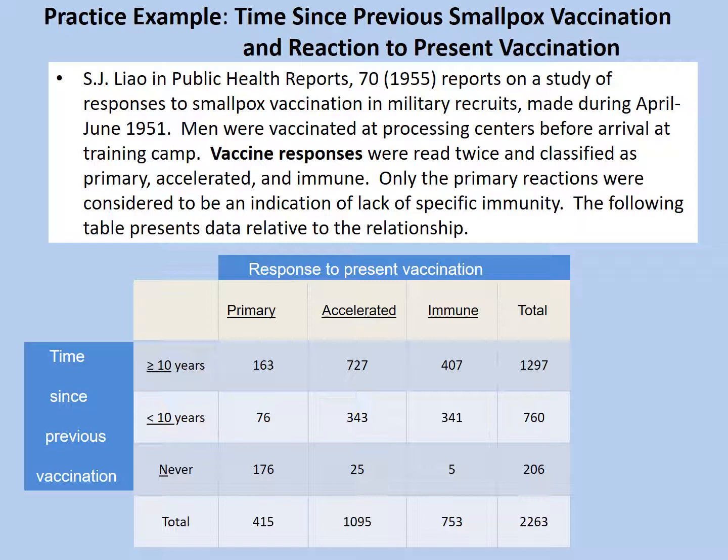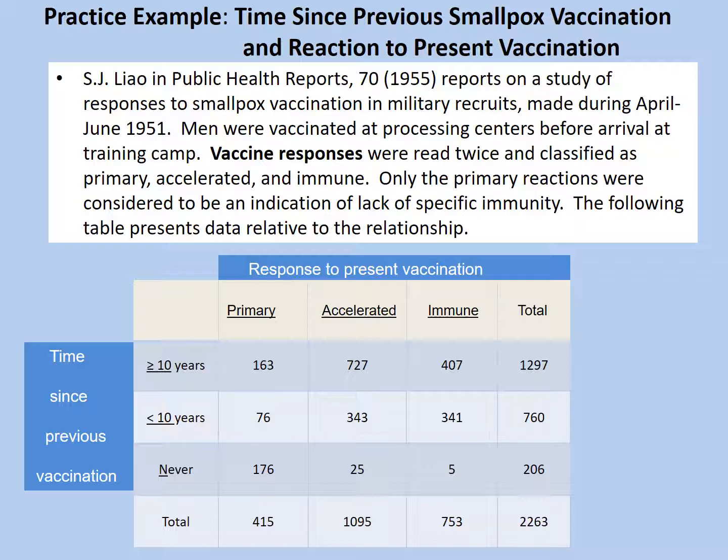In this study, subjects were vaccinated at processing centers before arrival at training camp. Vaccine responses were read twice and classified as primary, accelerated, and immune. Only the primary reactions were considered to be an indication of lack of specific immunity.